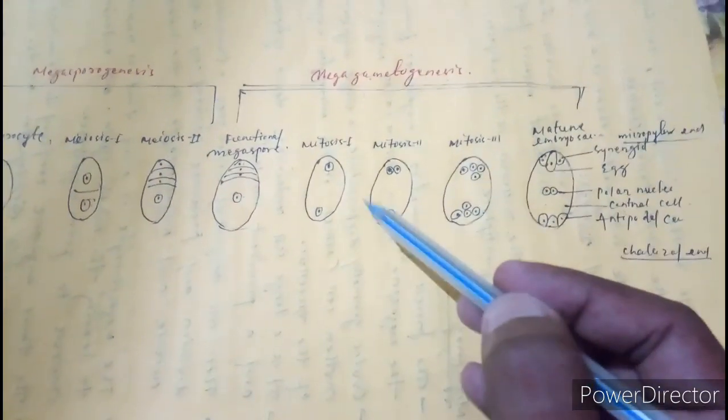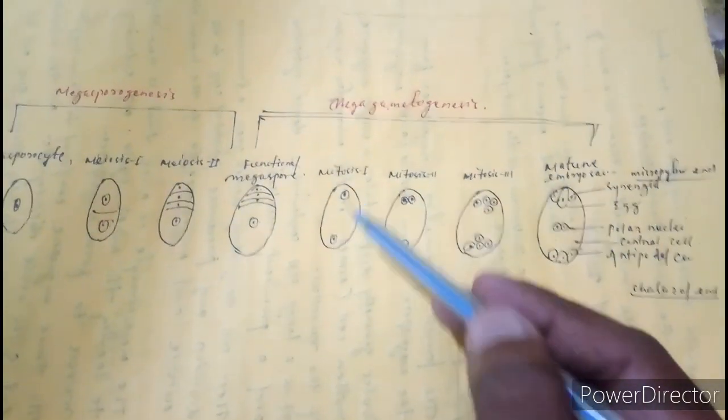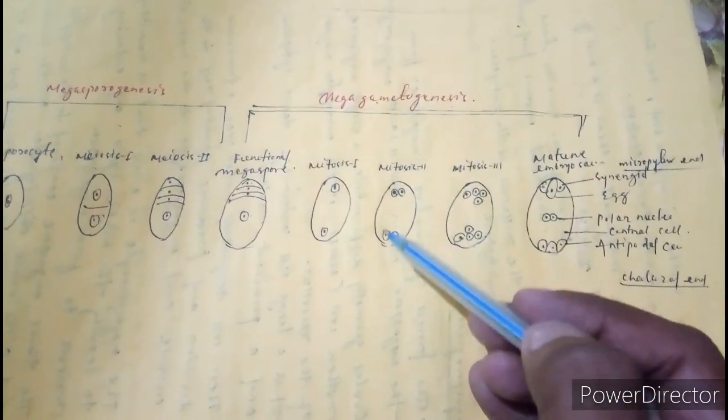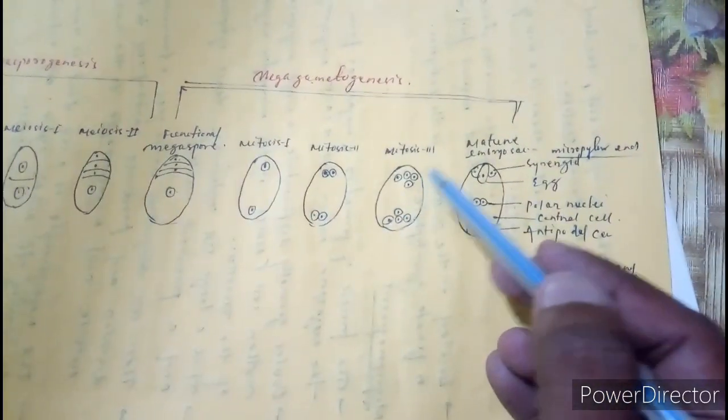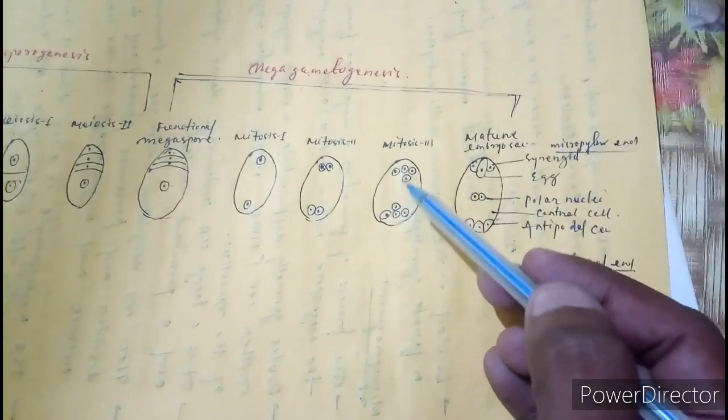This functional megaspore undergoes 3 successive mitotic divisions. In mitosis 1, 2 cells are formed, in mitosis 2, 4 cells are formed, and in mitosis 3, 8 cells are formed.